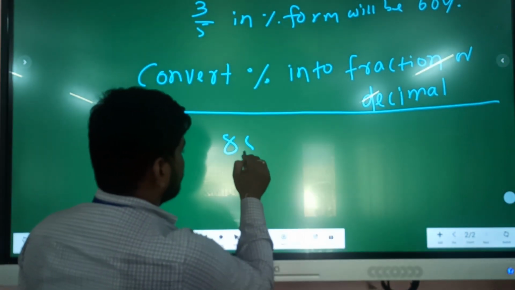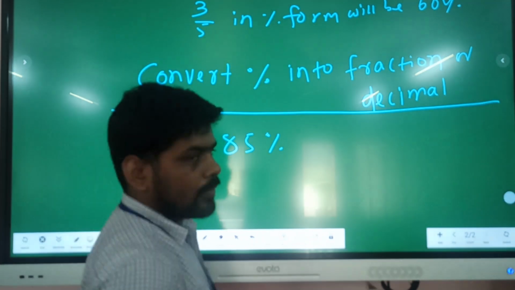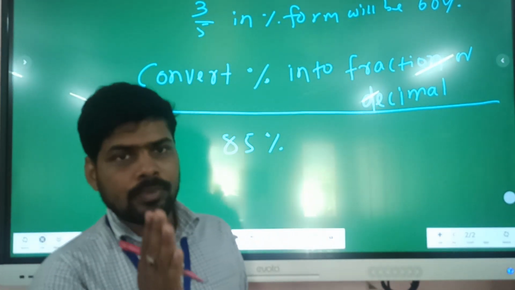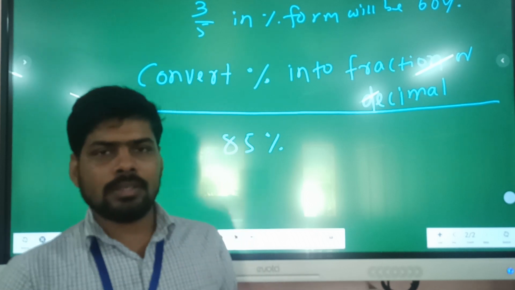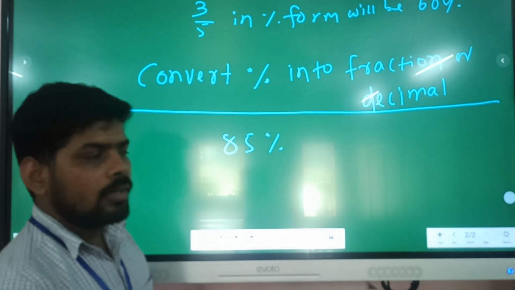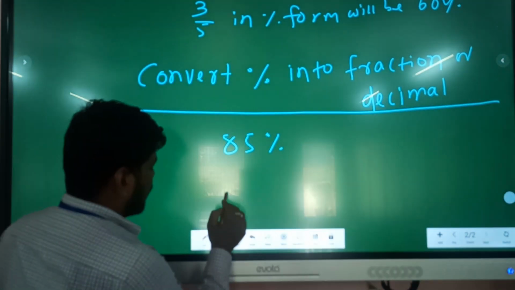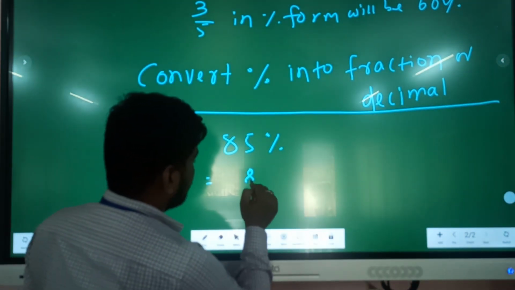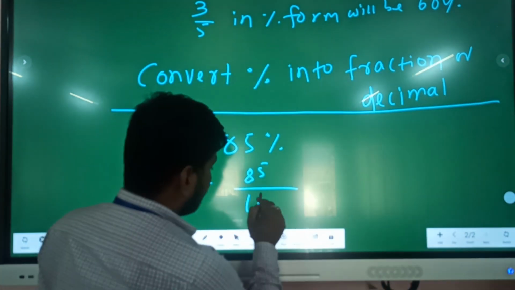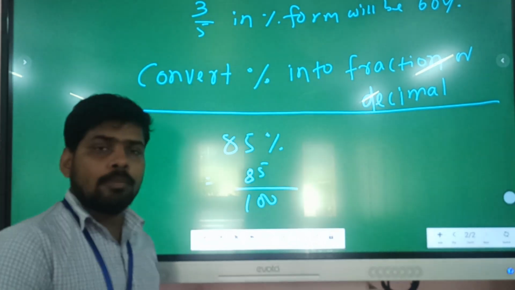As I told before, if the percentage sign is removed, then 100 will become the denominator. The numerator will be the same number, that is 85, and the denominator will be 100. This is the fractional form of the percent.